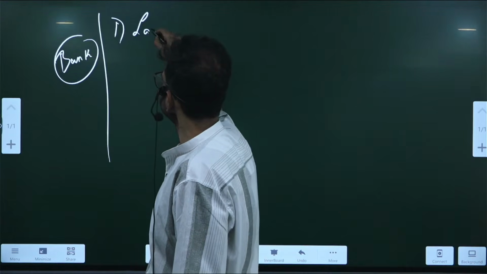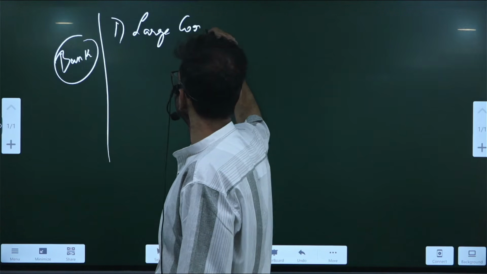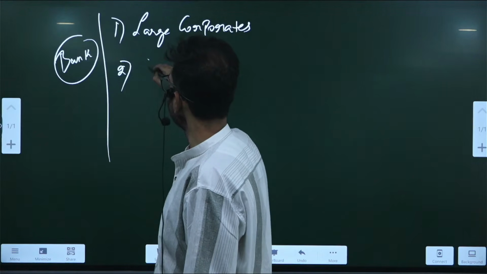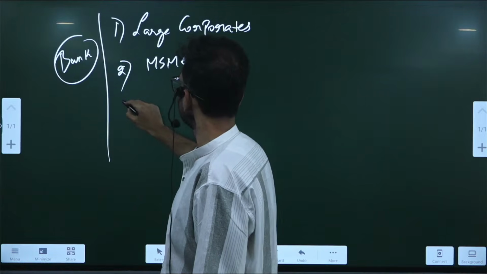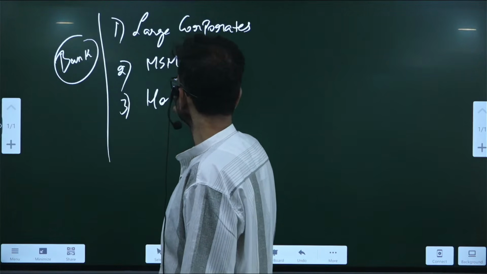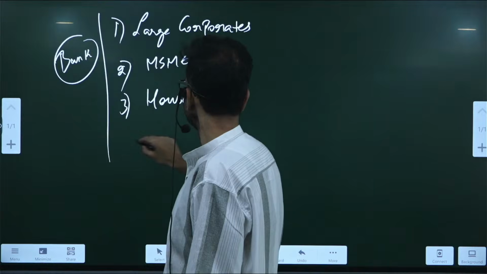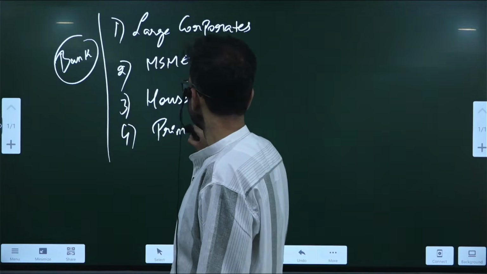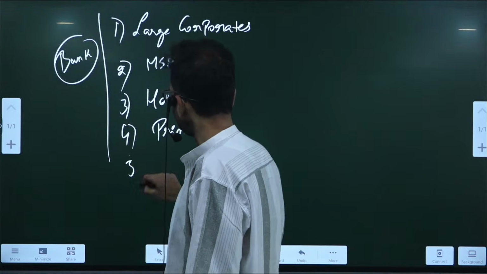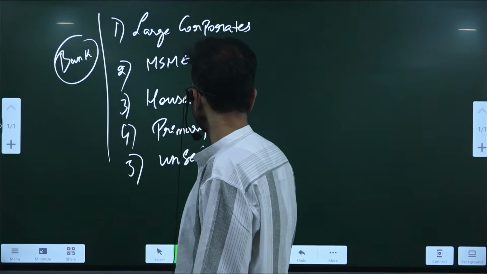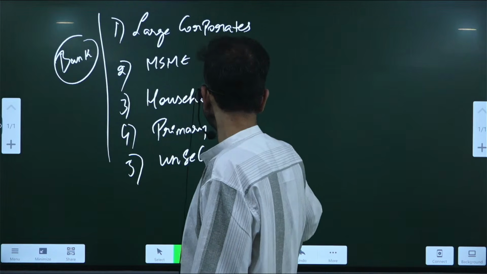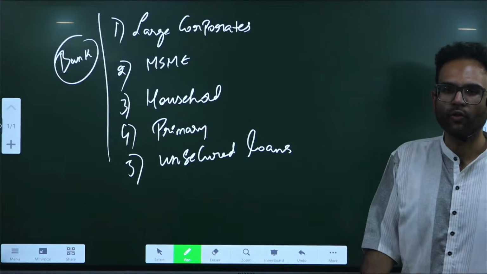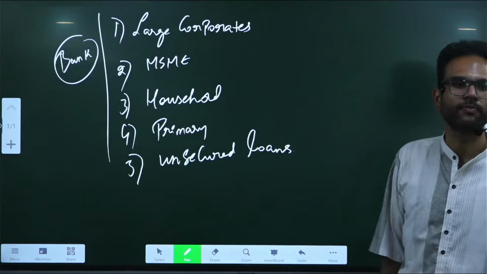Large corporates, then MSMEs, households, rural or agrarian sector, primary sector, and then unsecured loans. People who do not have any collateral to seek a loan. These are the target groups.